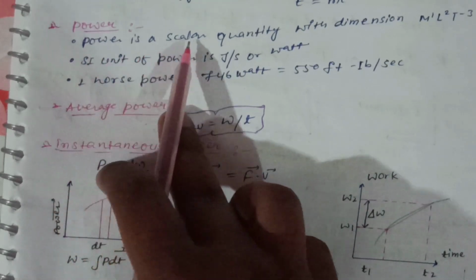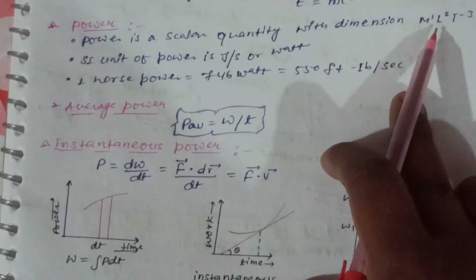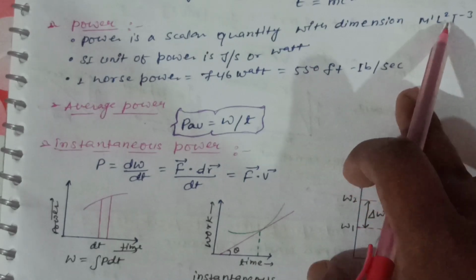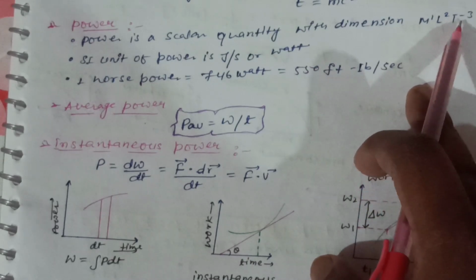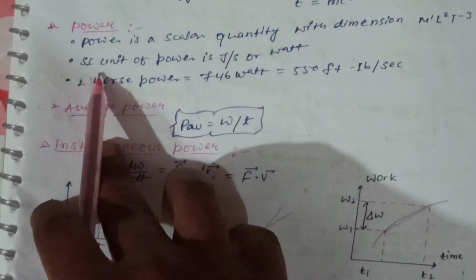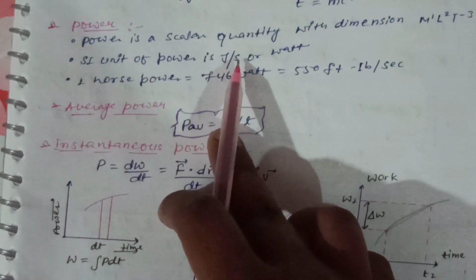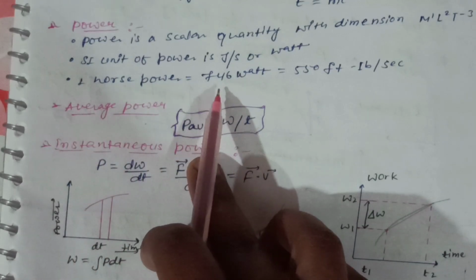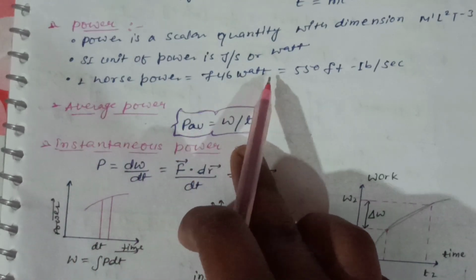Power. Power is a scalar quantity with the dimensions M¹L²T⁻³. The SI unit of power is joule per second or watt. 1 horsepower is 746 watt.